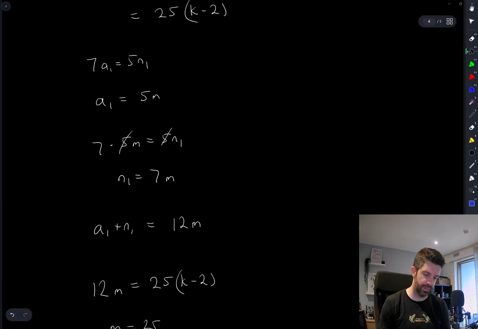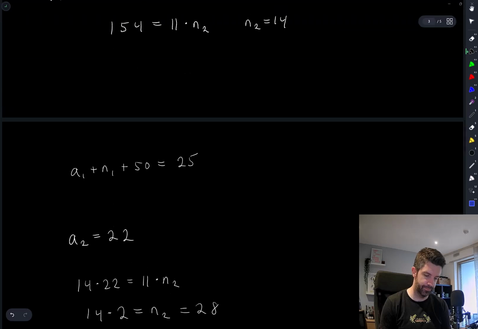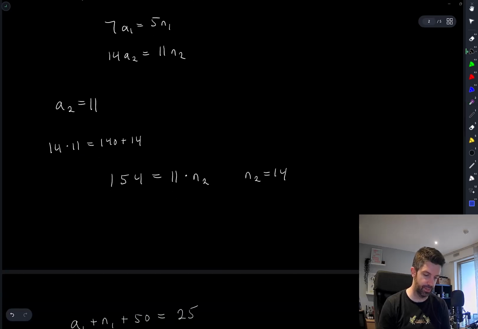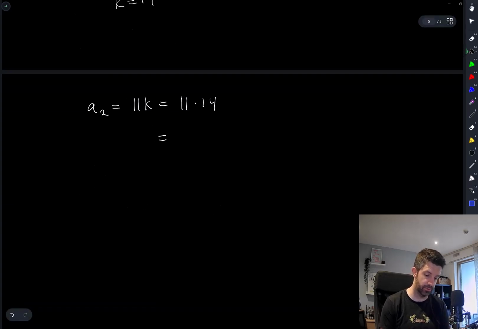When did I multiply 11 by 14 earlier? So I said A2 is 11, but it's not 11. It's 11 times 14, if the reasoning I have here is correct.